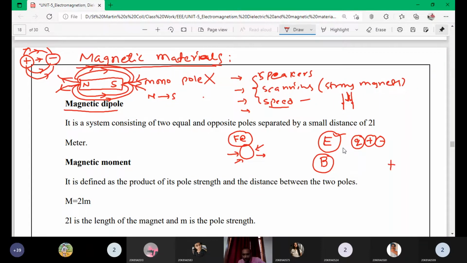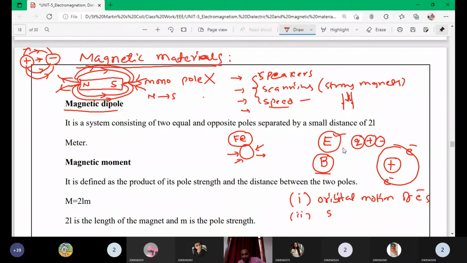Generally we know this is a positive charge, this is the nucleus, and electrons revolve around the nucleus. This is the atomic structure we know. The origin of the magnetic field has mainly three sources. First, orbital motion of electrons. Second, spin motion of electrons.